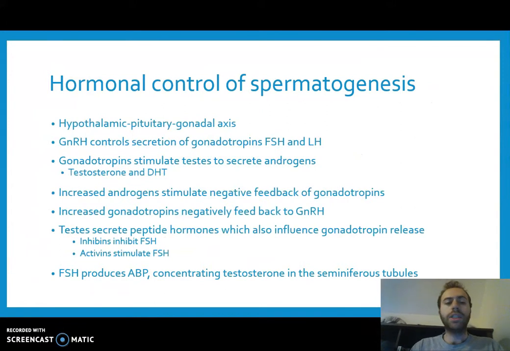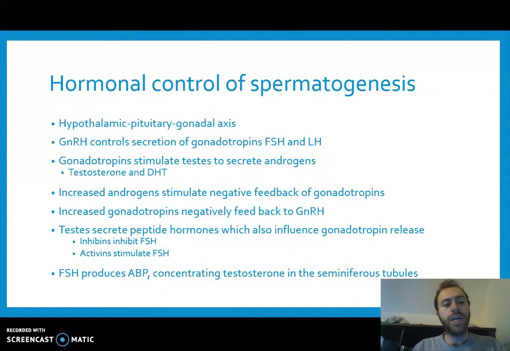So I'm just going to discuss a little bit the hormonal control of the spermatogenesis process that I just discussed. Spermatogenesis follows the model of the classic endocrine hypothalamic pituitary axis, mediating communication between the hypothalamus, the anterior pituitary, and the testes.